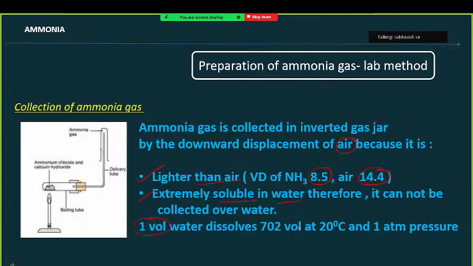In 1 volume of water, it dissolves 702 volumes at 20 degrees Celsius and 1 atmospheric pressure. So ammonia can be collected by the downward displacement of air only.